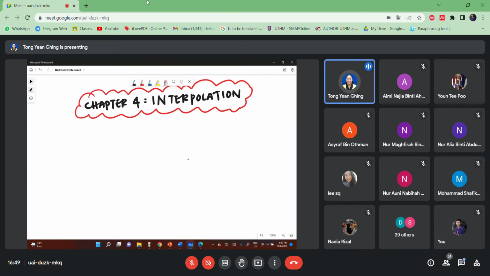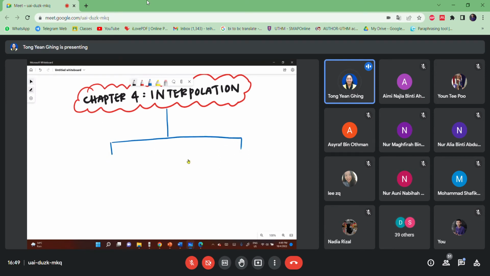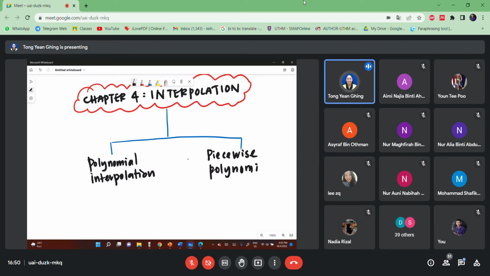Okay, so basically for interpolation, we have two methods. One is polynomial interpolation, and another one is piecewise polynomial interpolation.